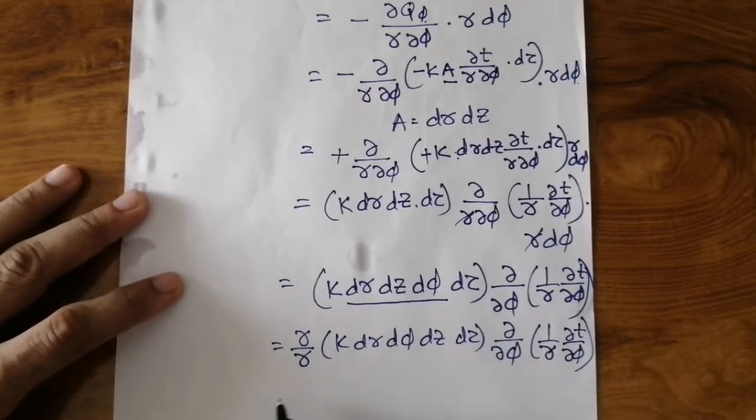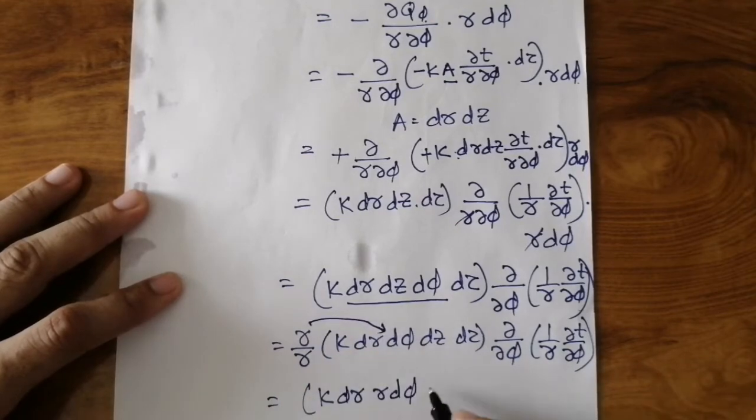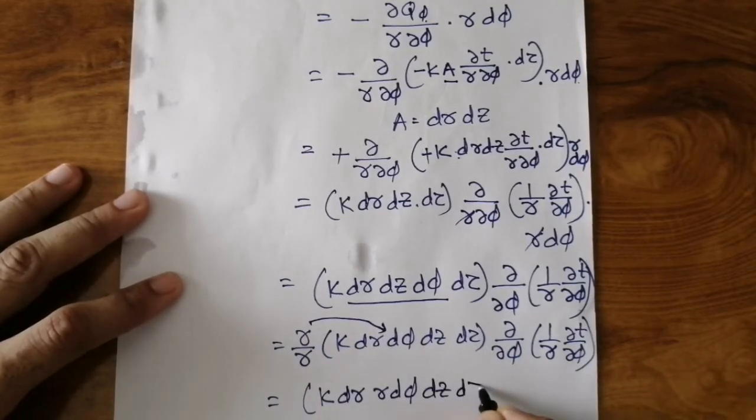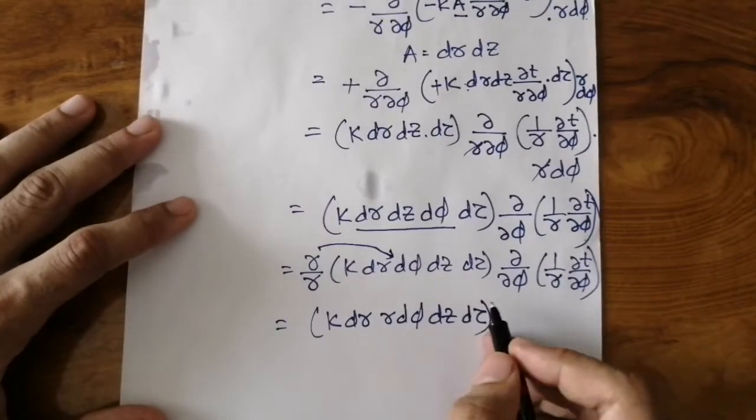Now 1 r is inside, so it will be considered k dr r d5. We just consider r here, dz d tau. Now the remaining 1 upon r is a constant term, so we take it outside.